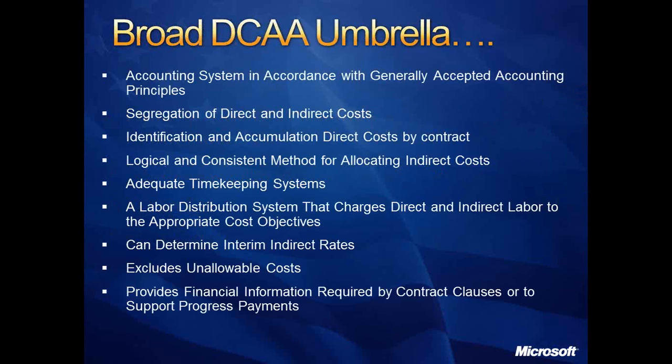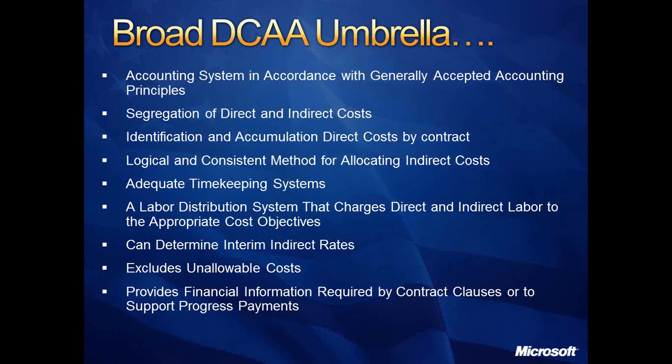So, Kate, do you want to talk a little bit about this slide? Sure. When you start to learn about DCAA requirements, you learn that some of these things are absolute requirements for compliance with your accounting, timekeeping and expense tracking systems. Some of them are pretty obvious. You have to have an accounting system that's in compliance with generally accepted accounting principles.